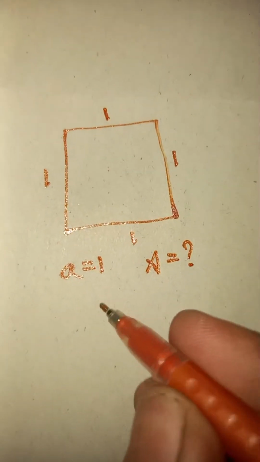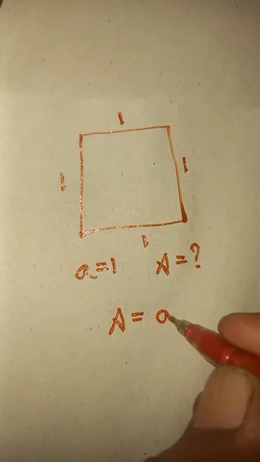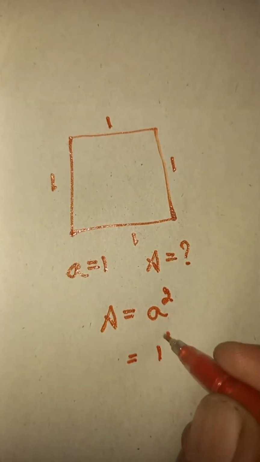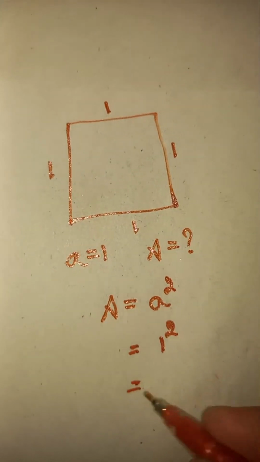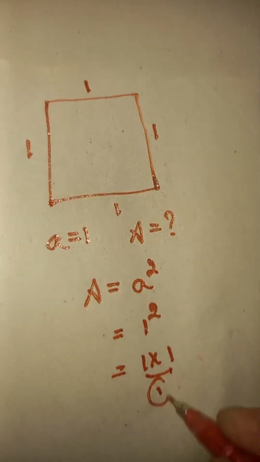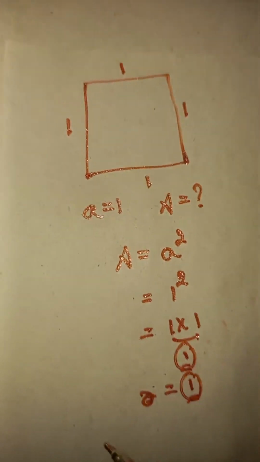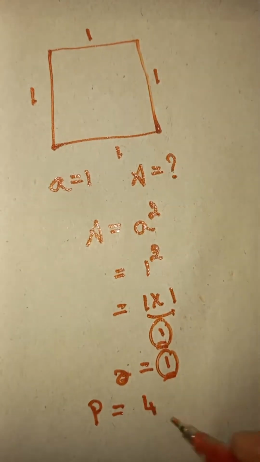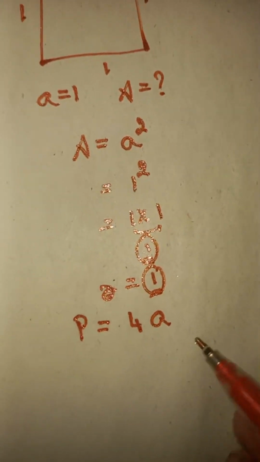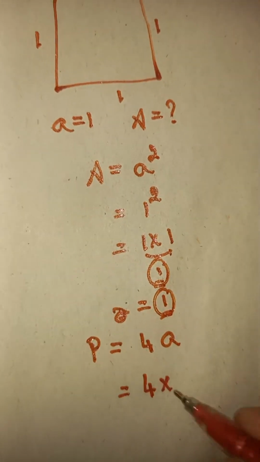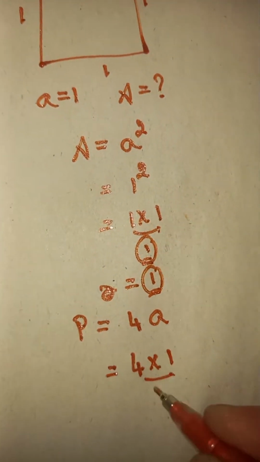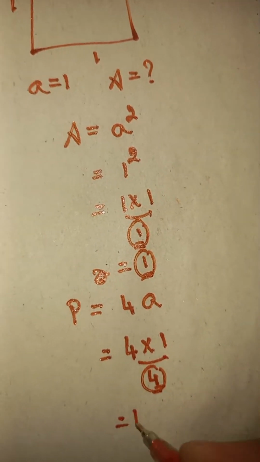Area of the square is equal to a squared, that means 1 squared, which is 1 times 1, which remains as 1. 1 square unit is the area of the square, and perimeter of the square can be written as 4 times side length a. That becomes 4 times 1, so 4 units is the actual perimeter.